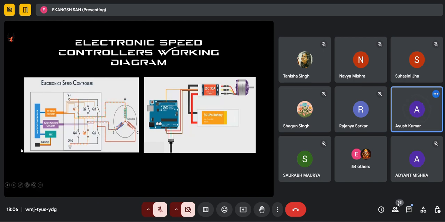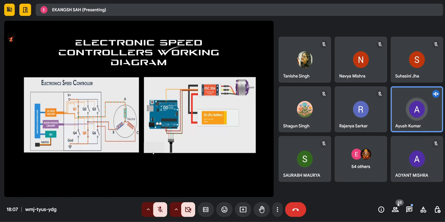Now A, B, and C are the one end of the motor windings, which are connected to the ESC through the FETs. They are all connected at a single point, which is known as the neutral point. The neutral point has its own significance. It acts as a reference for measuring the phase voltage of the motor windings A, B, and C.